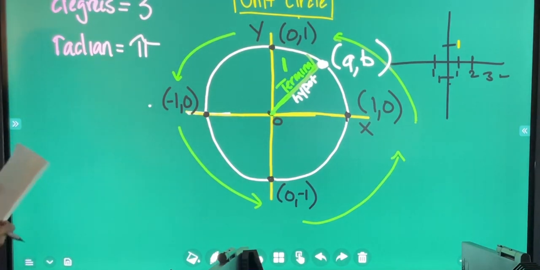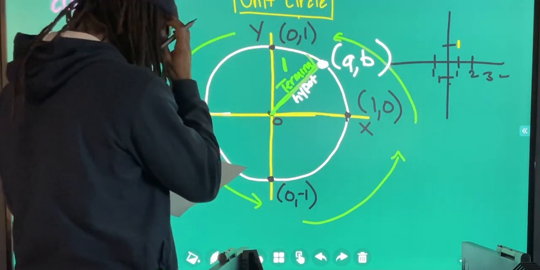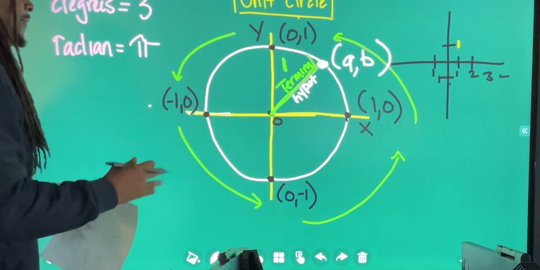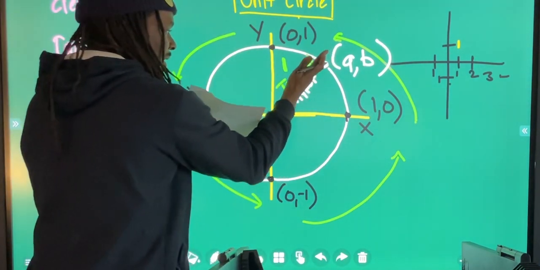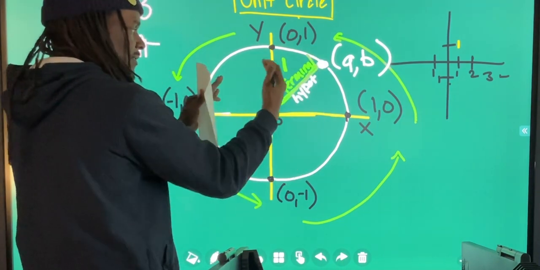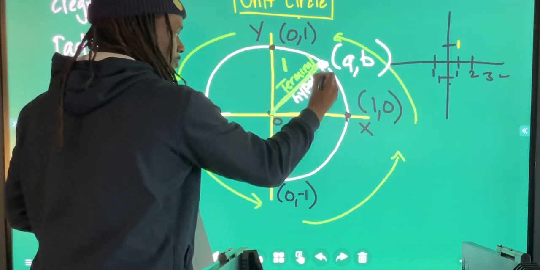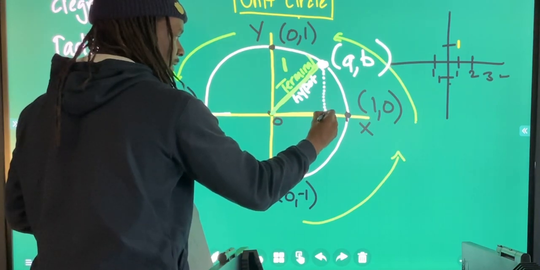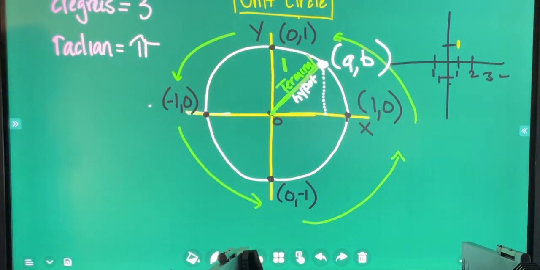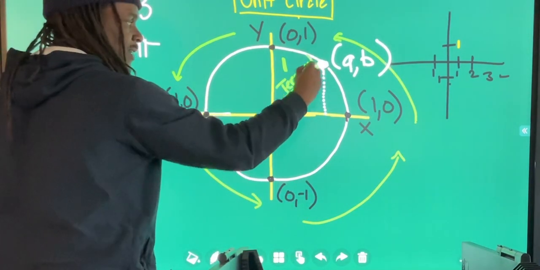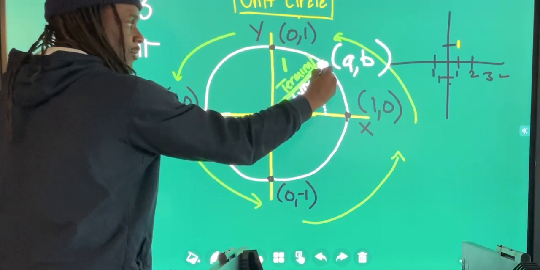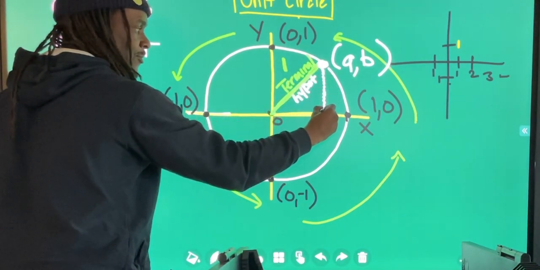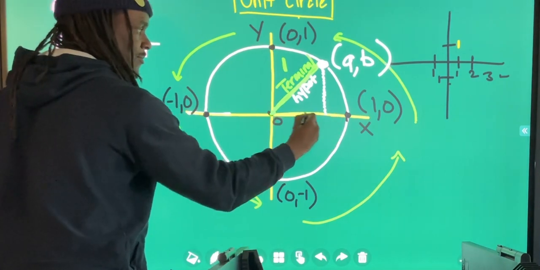That's it. All right. So now that that point is done, if you look here, you can make a triangle within this circle. Let me try to show you what I mean. Do you see how I just made a triangle? You see the terminal side, which is your hypotenuse side. I'm going to bring this length down. Do you see my triangle?